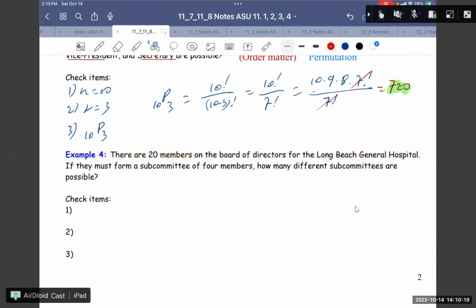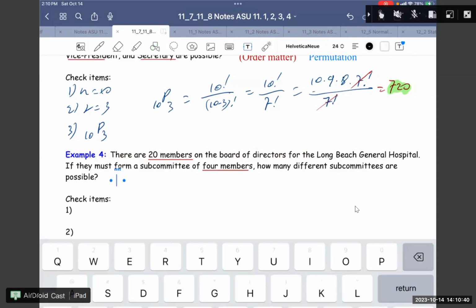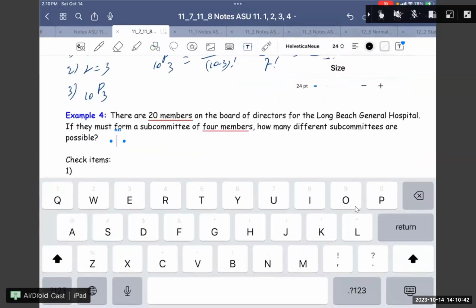So we have 20 members and 4 members. Does the order matter or not? This one should be no, the order does not matter, right? So if the order doesn't matter, what do we have?